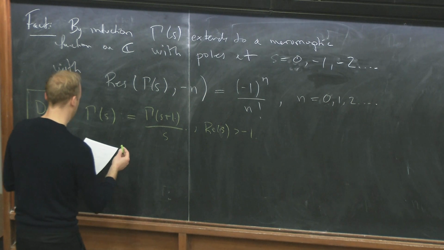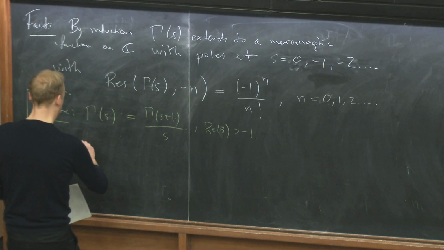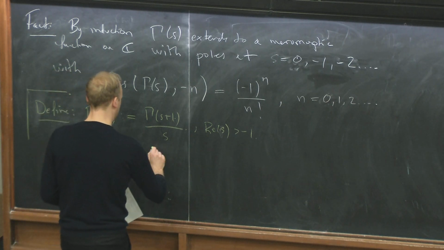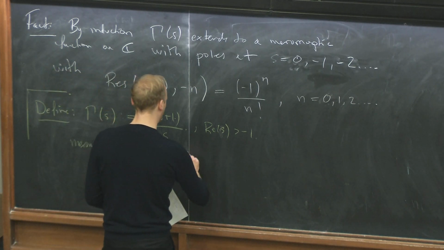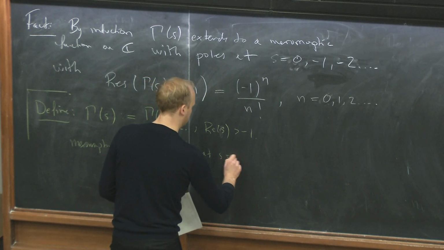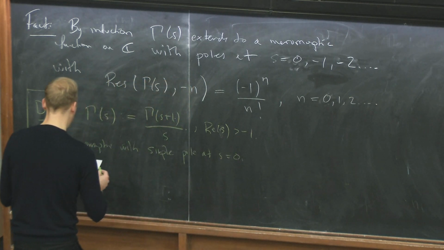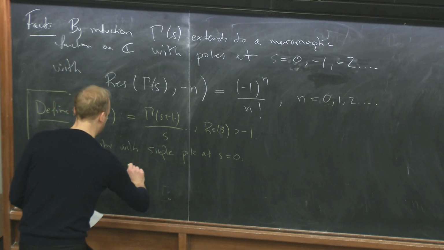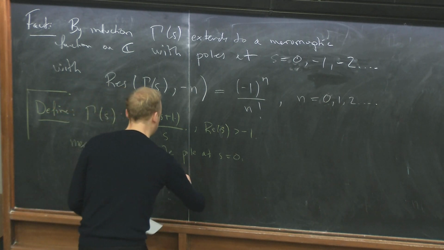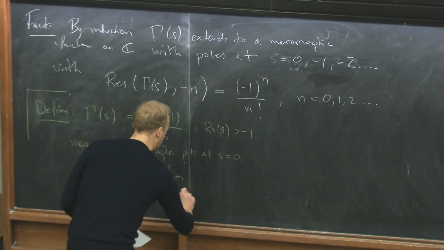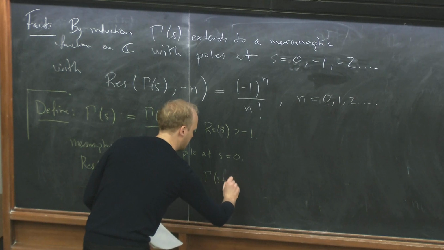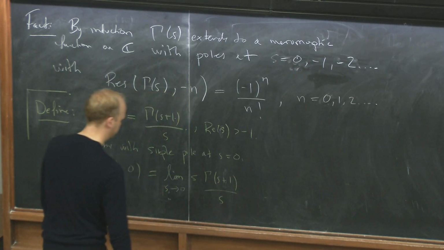Okay, so this one is meromorphic with a simple pole at s equals 0, and we can also compute its residue, which is given by the limit as s goes to 0 of s times gamma of s plus 1 over s.